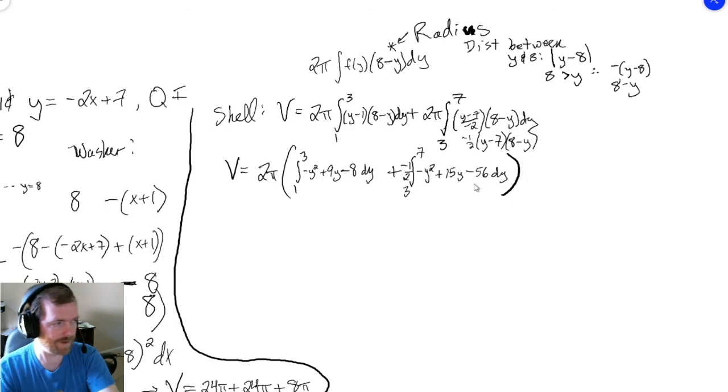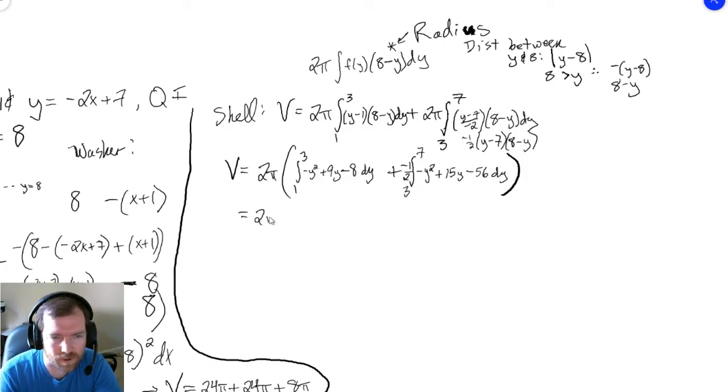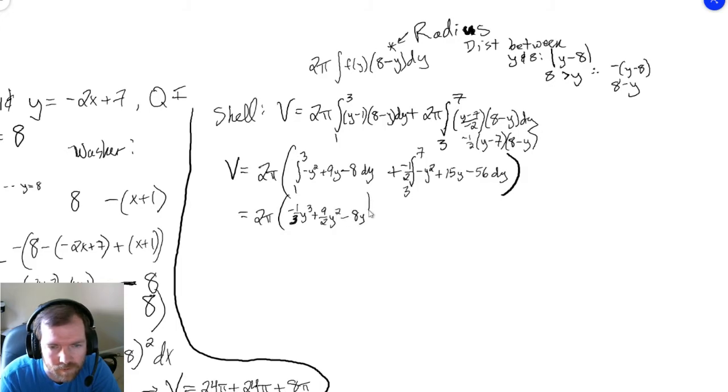Alright, now let's do this. So here we get 2 pi times the quantity. This is going to be a negative 1/3 y cubed. Boom. Plus 9/2 y squared minus 8y evaluated where y goes from 1 to 3. This is then going to switch all of our signs in here.